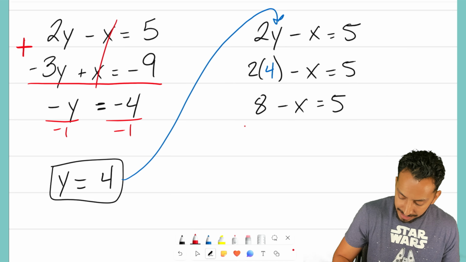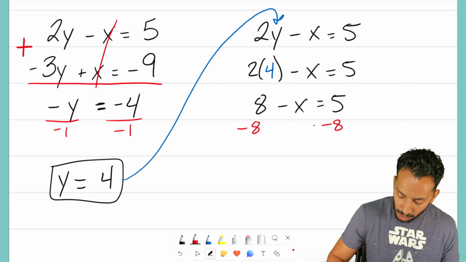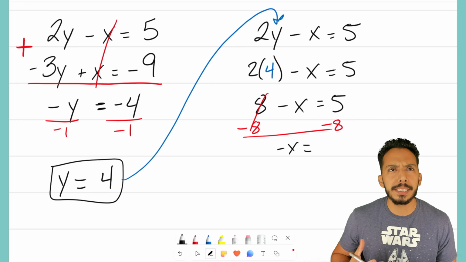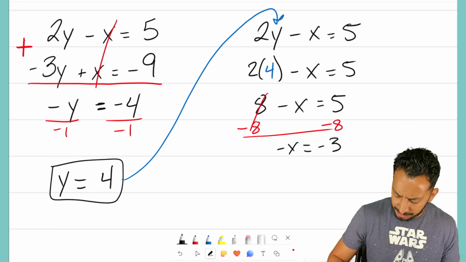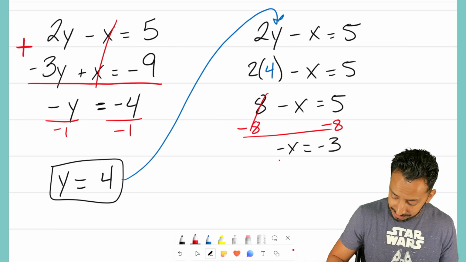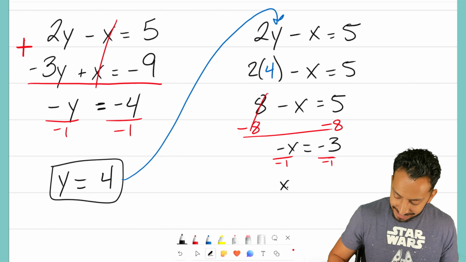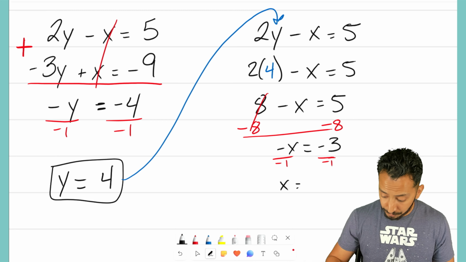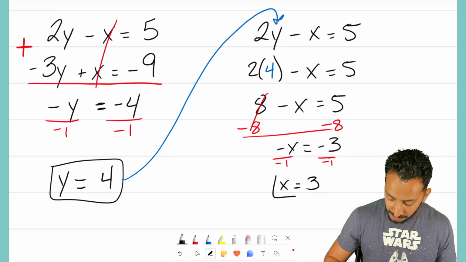I want to get rid of that 8, so I'll subtract 8 on both sides. Doing that will leave me with negative x equaling 5 minus 8, which is negative 3. Again, I have negative x. I want positive x, so we'll divide both sides by negative 1. All that's doing is flipping the signs. Negative x becomes positive, negative 3 becomes positive 3.